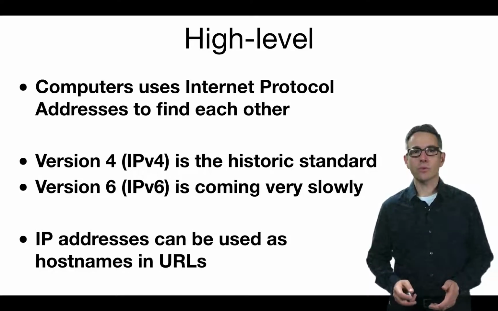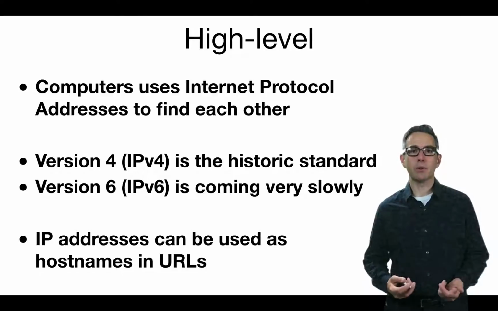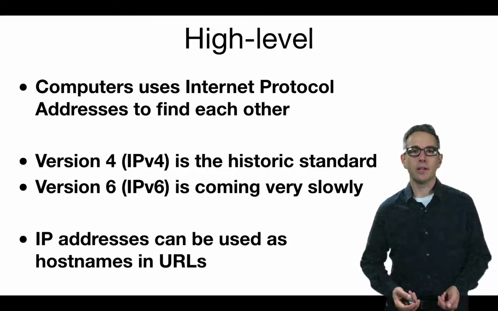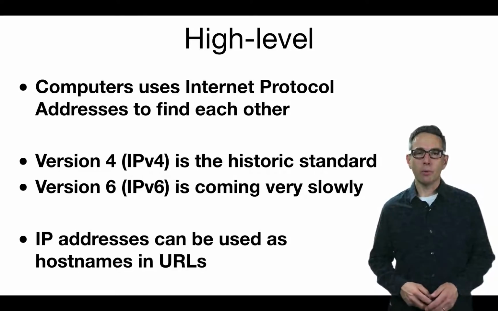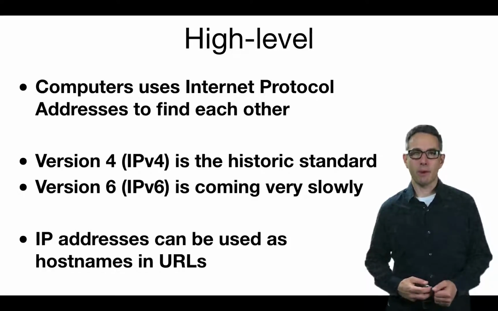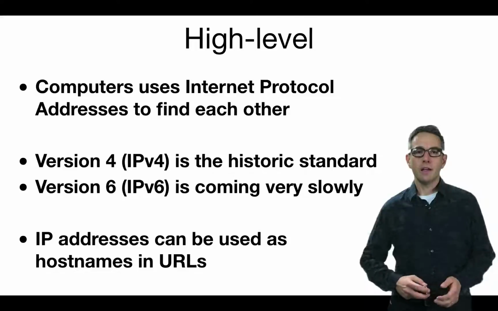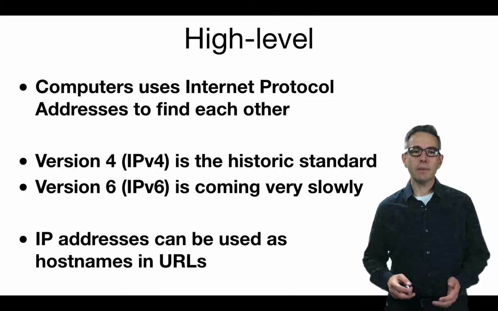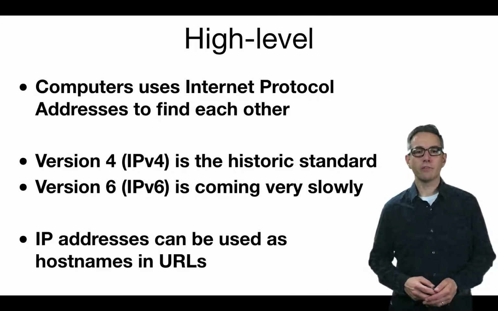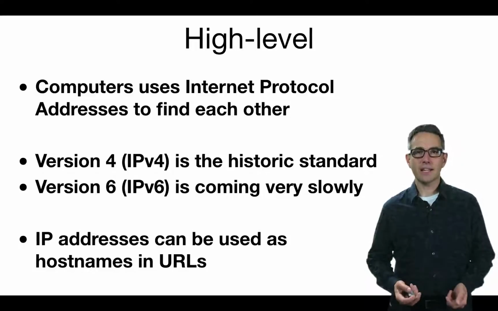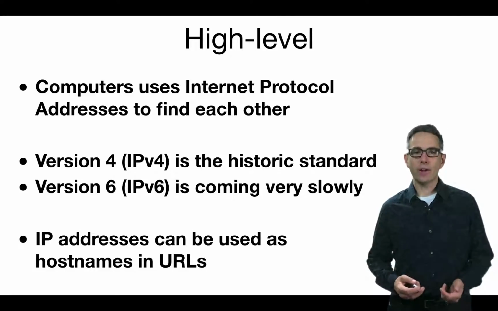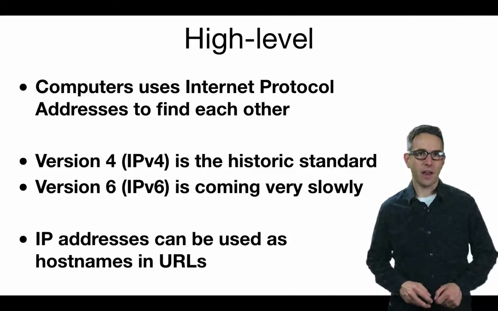It's an address that's written in a way that's particularly amenable for computers to find one another, although it's not particularly memorable or easy for humans to remember these addresses because they're basically made up of numbers. Version 4, IPv4, or Internet Protocol version 4, is the historic standard that describes how Internet Protocol addressing is done.